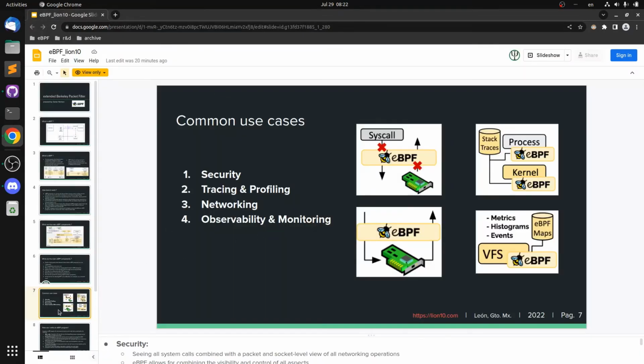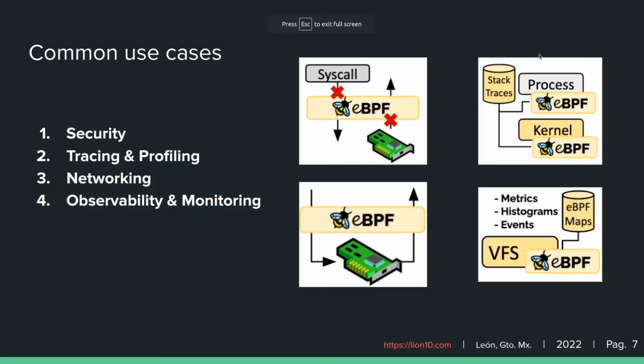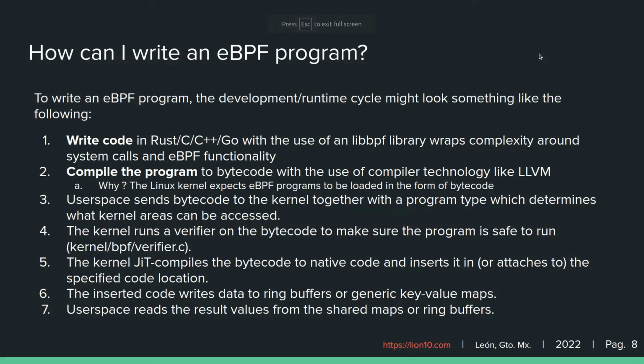Okay, let's go back to the slideshow. How can we write an eBPF program? The main idea is that you have an SDK, a software development kit, written in Rust, Go, C or C++. I think those are the only ones supported right now.